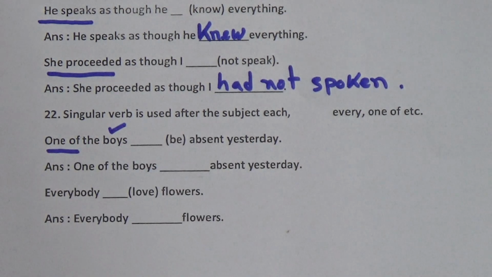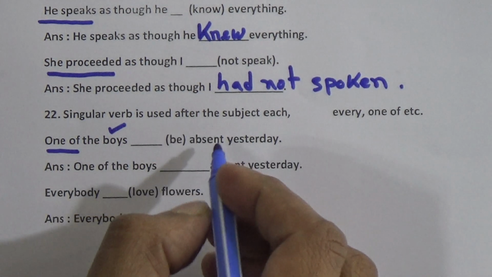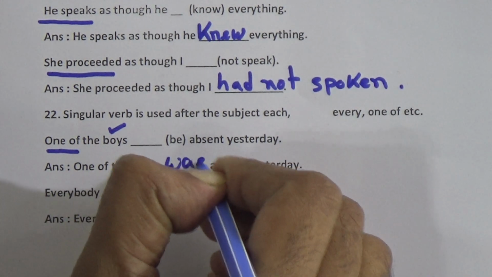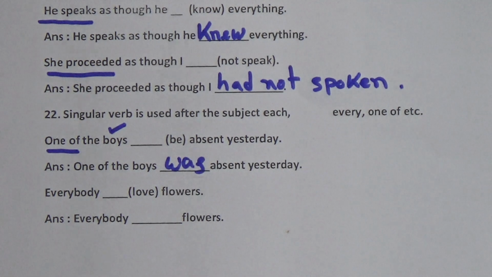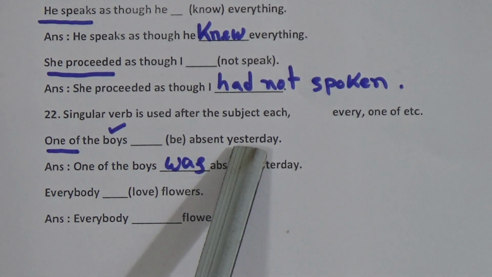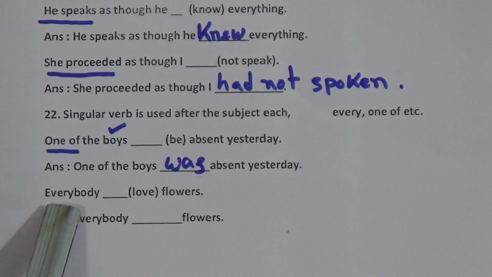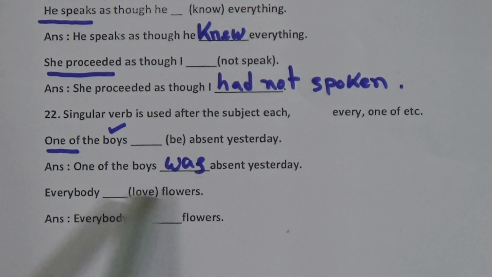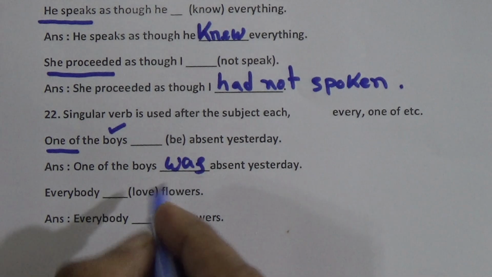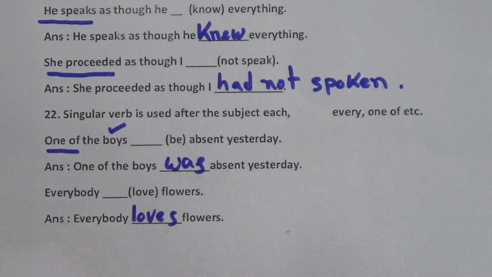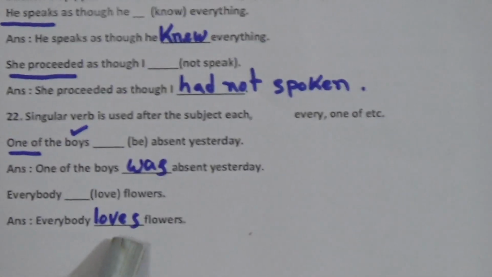We will always use the singular form of the verb in the bracket. So, one of the boys was. This is not "is" because here is a word that indicates the past. The second example, everybody loves flowers, so it will be "loves," the singular form of the verb.